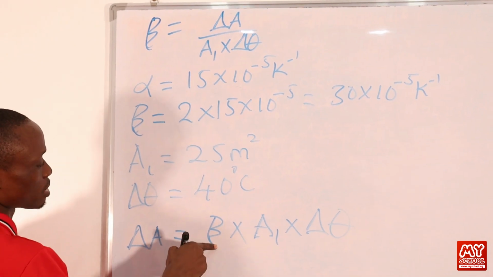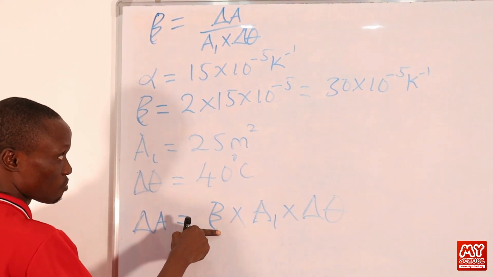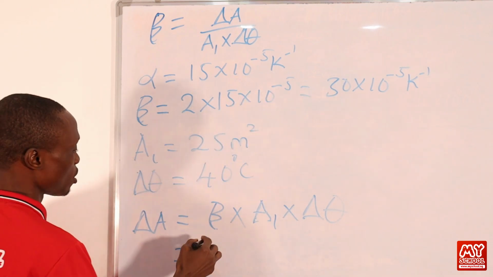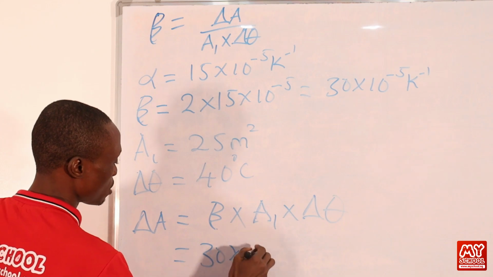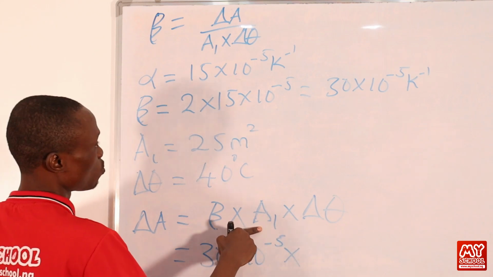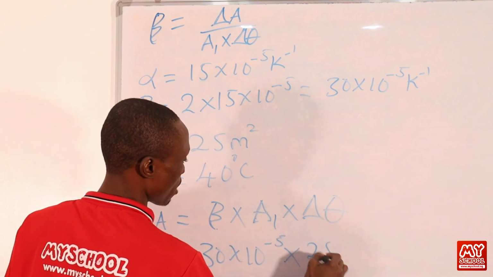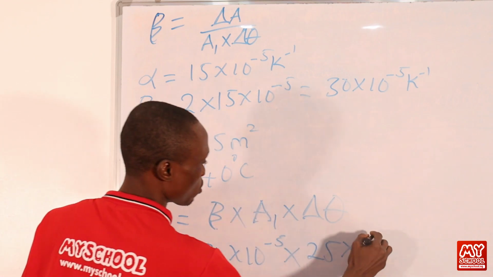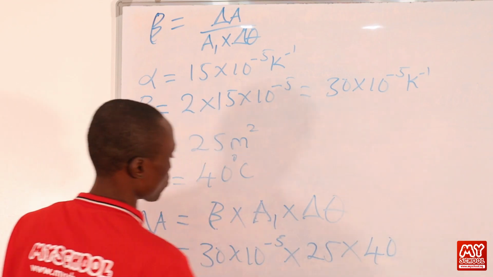Our beta we have already found to be 30 times 10 raised to power minus 5. So here we fix 30 times 10 raised to power minus 5, then times the area that is given to us, which is 25. Then the temperature rise is given to us to be 40 degrees Celsius. So we have 40 here.